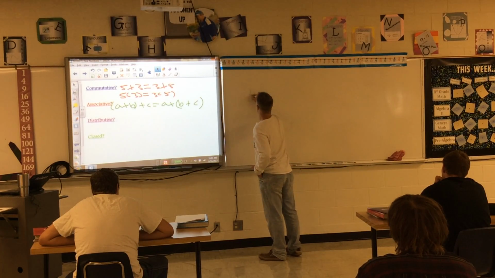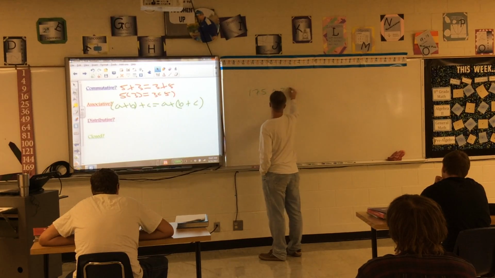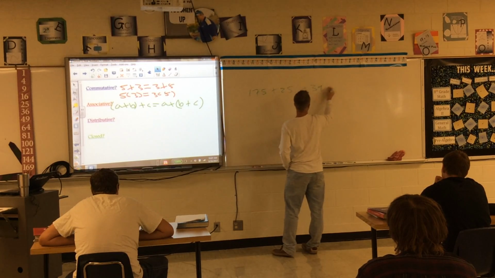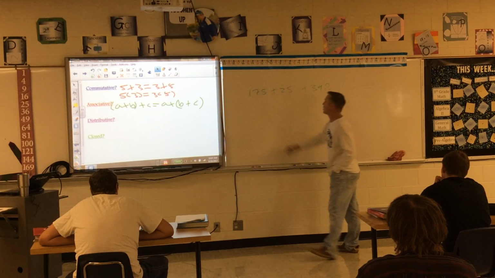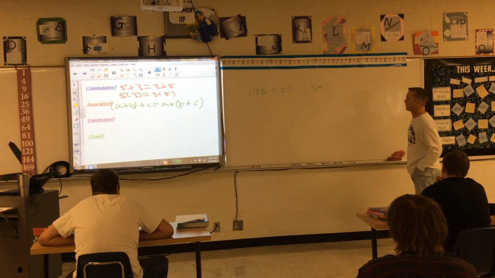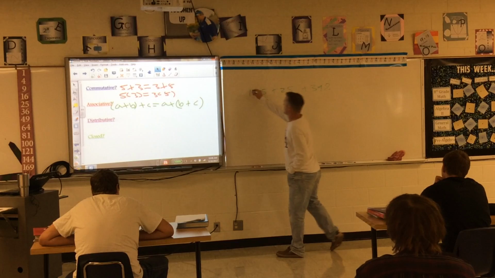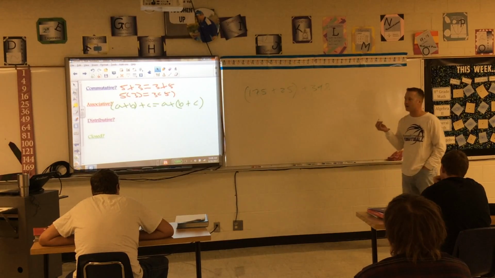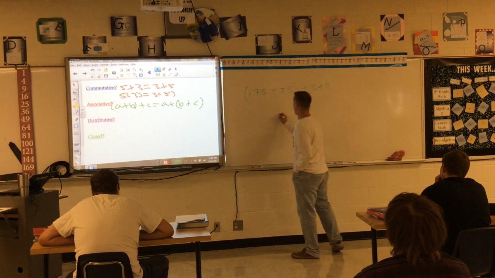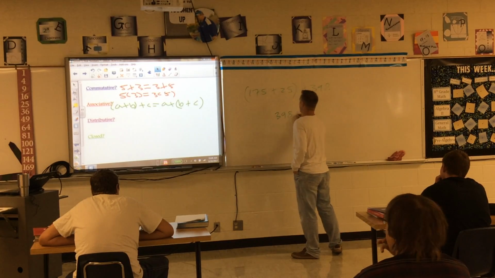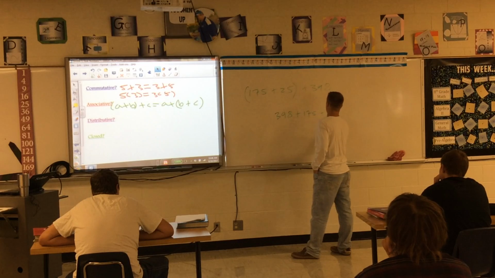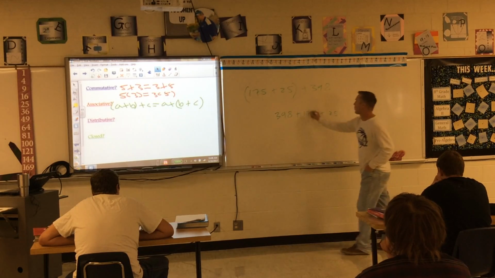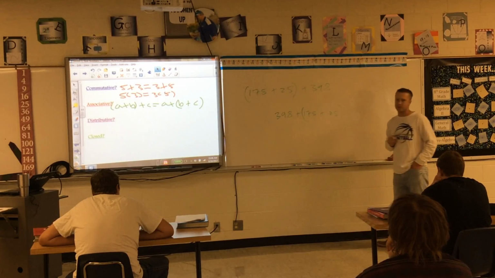Let's say I have 175 plus 25 plus 398. Okay, what's going to make sense to add first? Yeah, it's going to make sense to do this first. Okay, because I get 200. Okay, but maybe if I had this rearranged where it went 398 plus 175 plus 25, now I want to add these 2 guys first.